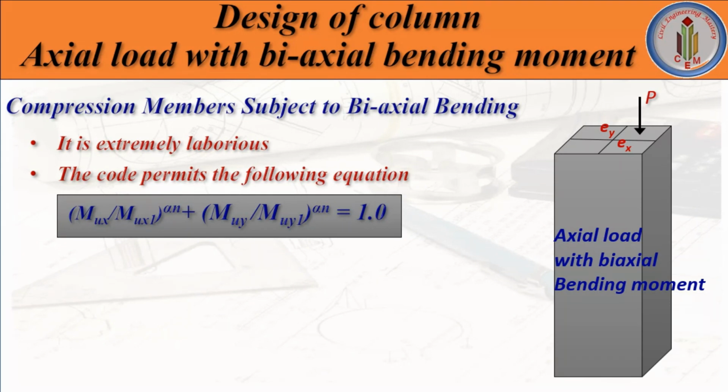This is the condition which we need to check. This value should always be equal to 1 or less than 1. If it satisfies this condition, whatever we have designed is correct, so the column design with axial load with biaxial bending moment is correct.